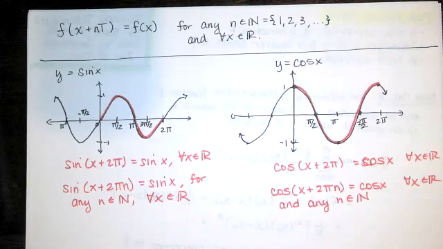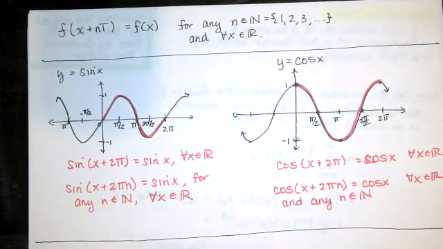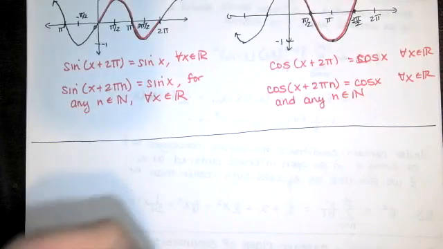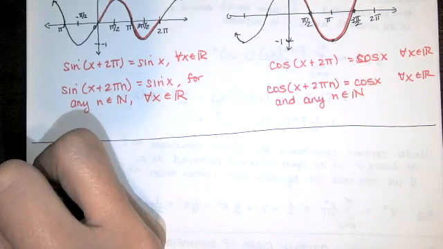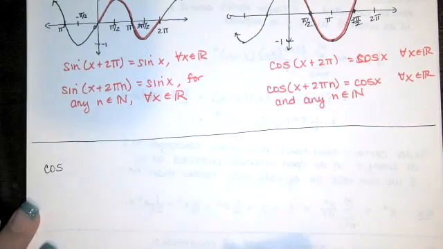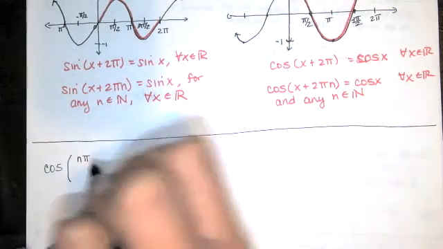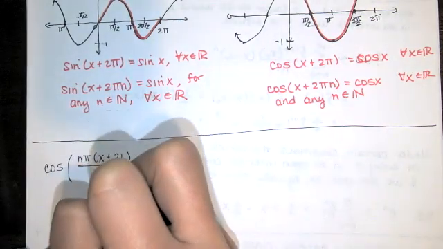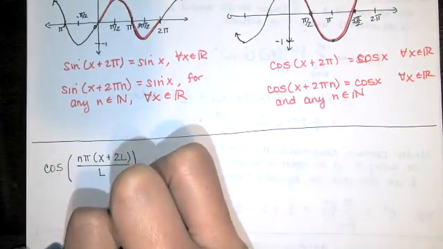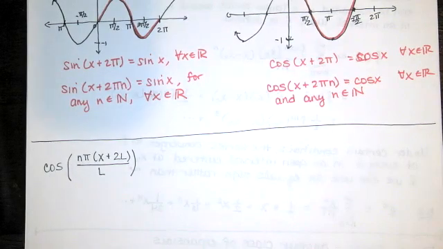Now, these are just our basic sine and cosine waves. But we could manipulate those equations a little bit by writing them this way. Let's say we're not interested in just cosine of x, but maybe we're interested in cosine of n pi times the quantity x plus 2L over L. And we'll talk more about that n pi and that L and what they mean in a little bit.